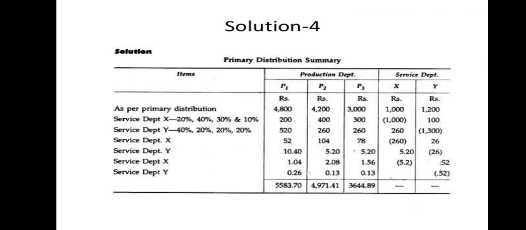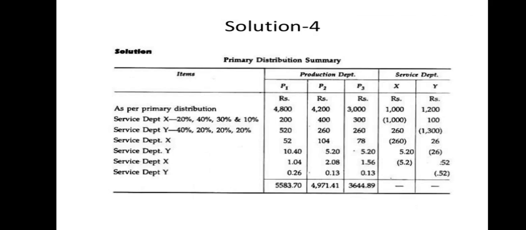See, as we have seen very clearly, on the basis of percentage, we need to apportion the service department overheads. So, as per the primary distribution, service department X to production department 1, production department 2, production department 3 and service department Y, the percentage is given as 20%, 40%, 30% and 10%. And service department Y to all 3 production departments and service department X: 40%, 20%, 20% and 20%.